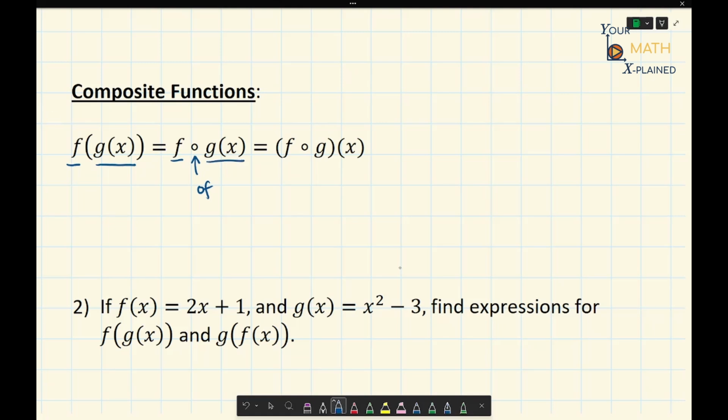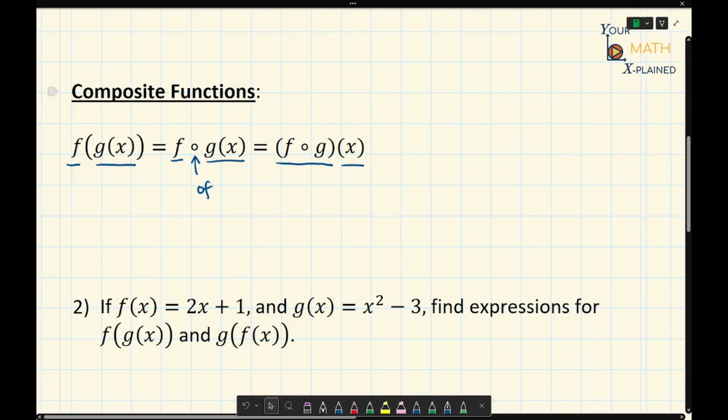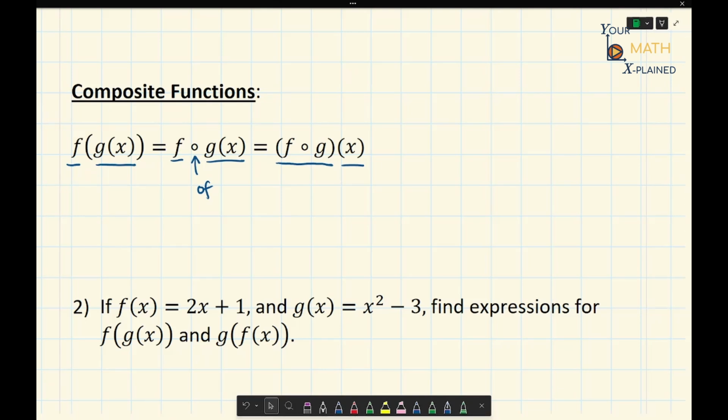And finally, you can also write this as f of g of x. All these mean the exact same thing. When substituting one function inside another, it is important that we have the correct notation. In all three of these, g of x is going into f of x.